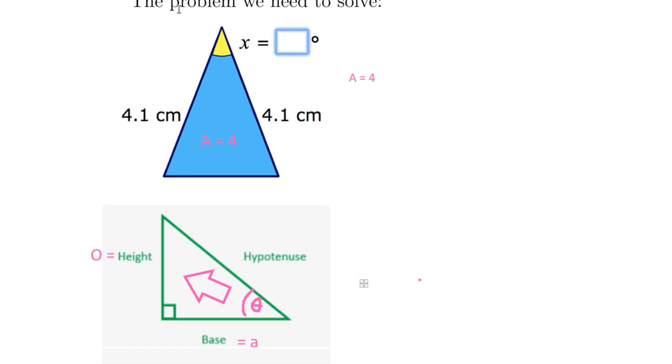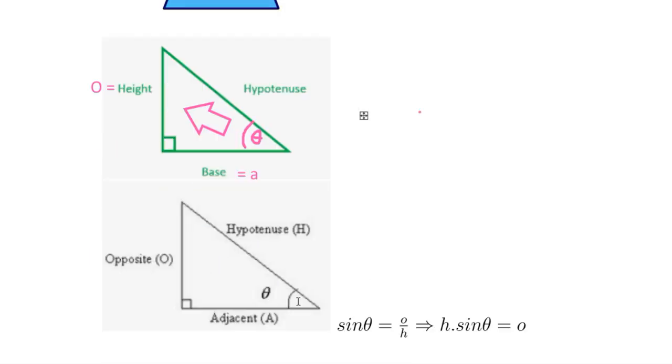This is not what we have here, of course. This is an isosceles triangle, but I want to begin here. Consider then that sine theta is opposite divided by hypotenuse. So sine theta describes the relationship between opposite, hypotenuse, and theta.